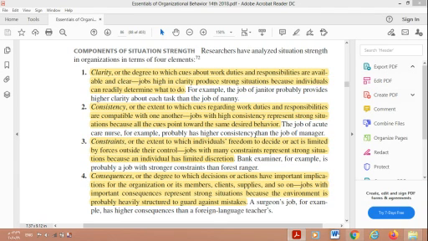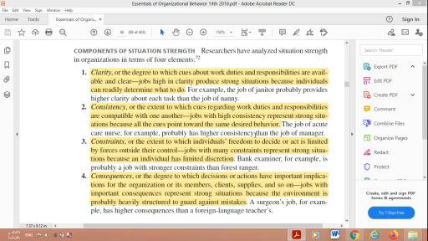The first one is clarity. And what do we mean by clarity? It is the degree to which the work duties, responsibilities, or tasks are available, clear, and obvious. So we can say that a job with high clarity produces a strong situation because individuals can readily determine what to do.